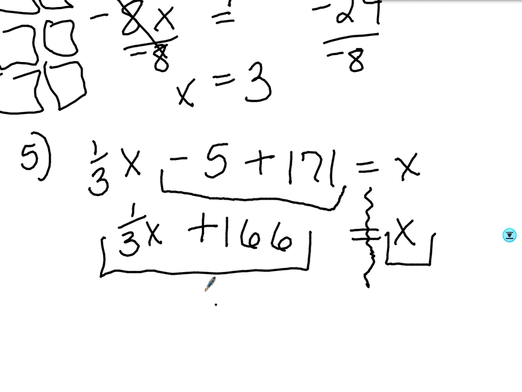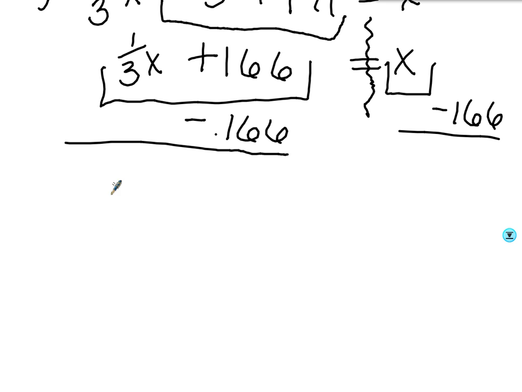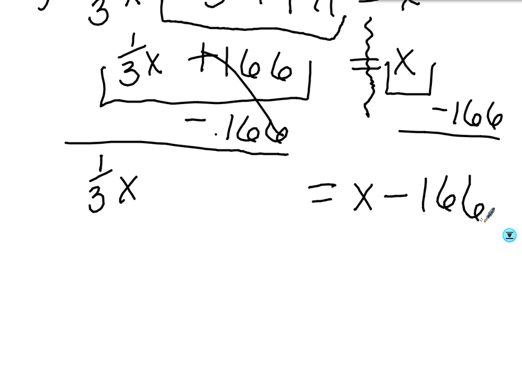Subtract. Get rid of the 166. Give him a hand, y'all. We're going to get rid of the 166. And if you get rid of it from the left, you got to get rid of it from the right. How? Well, you're going to take off 166. So a third of x, this is gone, equals x minus 166.